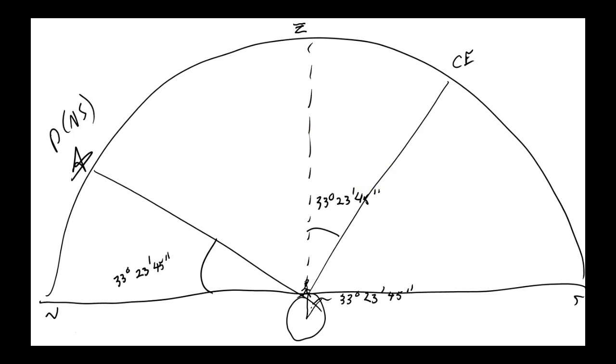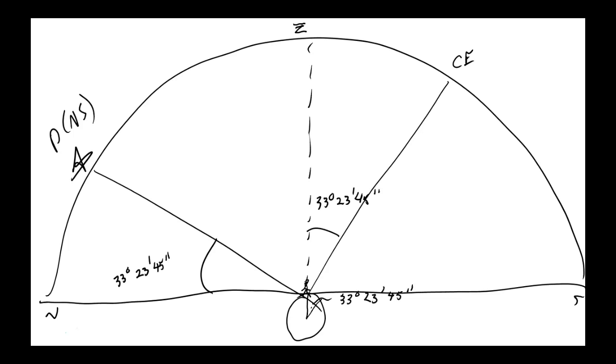What would be the declination of the North Star? The angle above the celestial equator. What's the angle here? 90 degrees, exactly. The equator and the North Pole, 90 degrees from each other, right? So the celestial equator, North Star, 90 degrees.